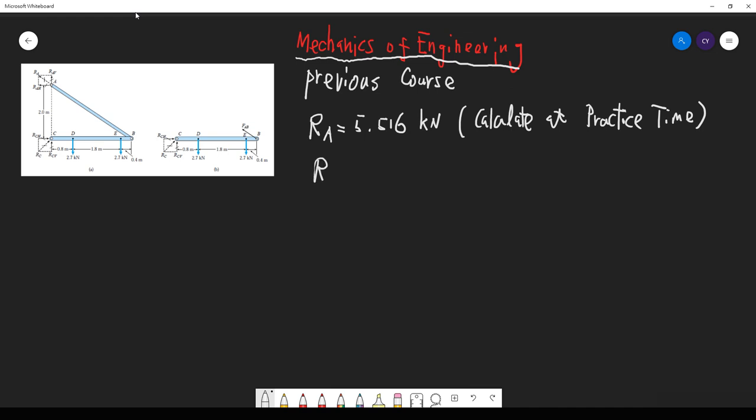And also the reaction at C is equal to 5.152 kilonewton. Also, you need to calculate at practice time.